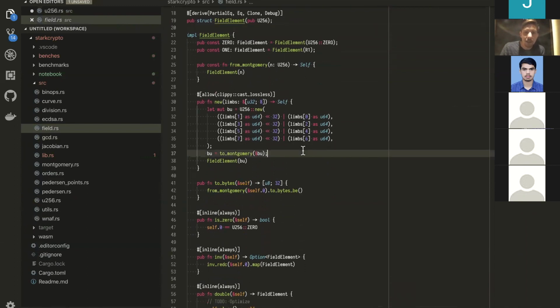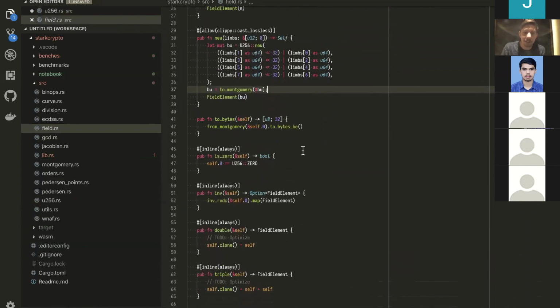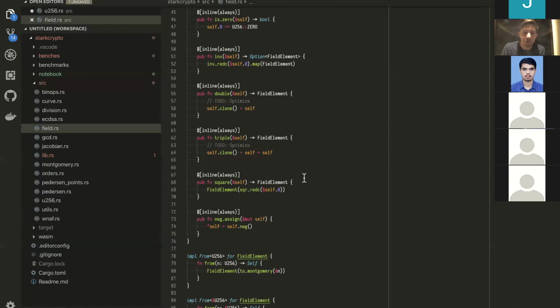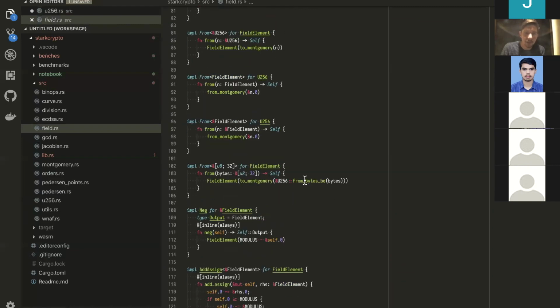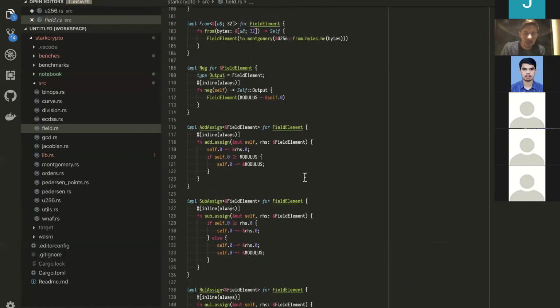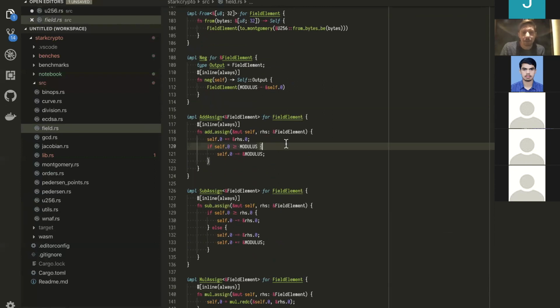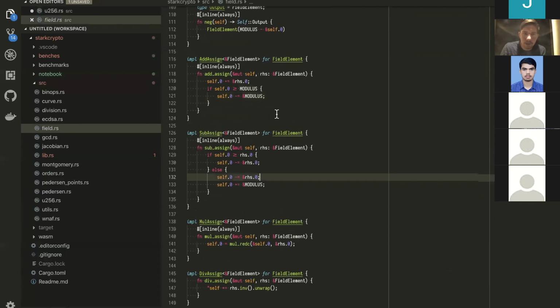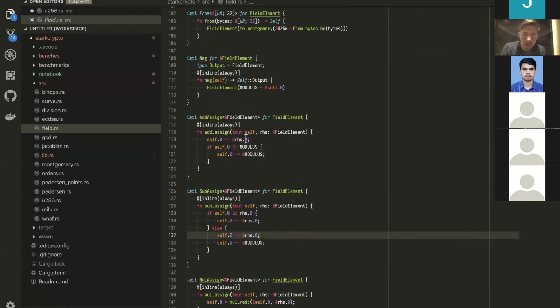And then basically you just implement it using the primitives you just created. Addition, for example: you just add the field elements together, and if the result ends up being larger than the modulus, you subtract the modulus once to normalize the result again.